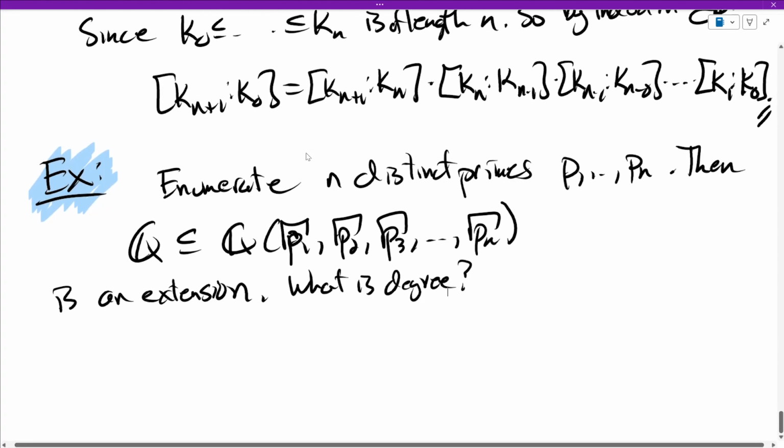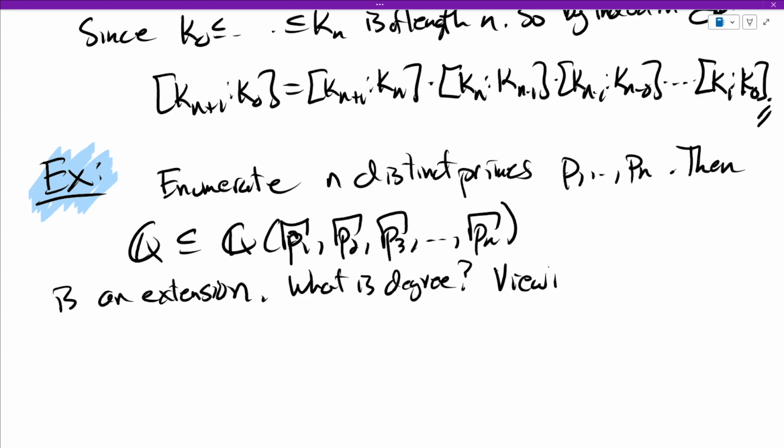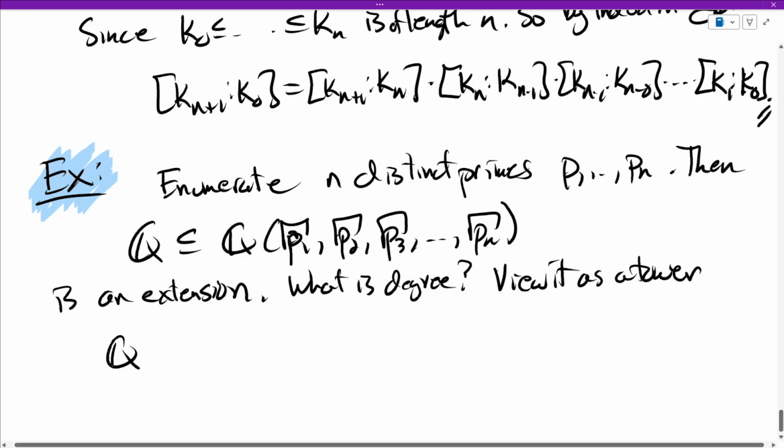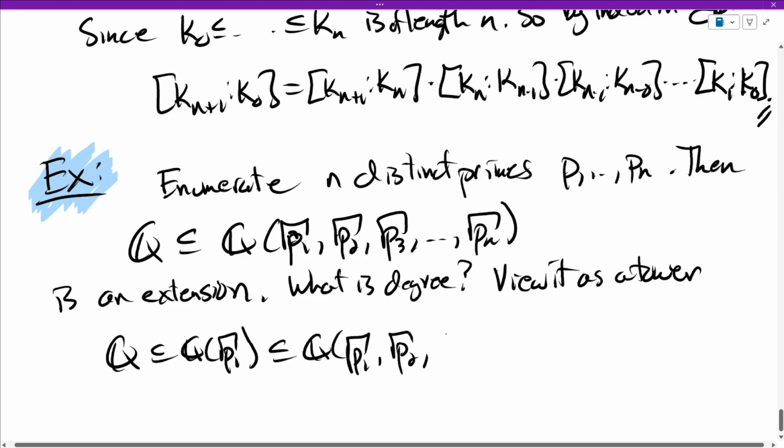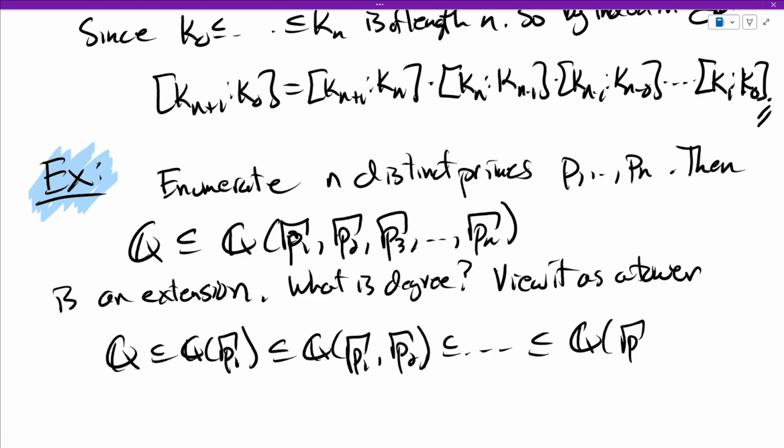Okay, well, we can view this as a tower where I first add in the square root of my first prime, and then the square root of my second prime, and then the square root of the next prime, all the way up to adding in the roots of all the primes involved in this finite list.